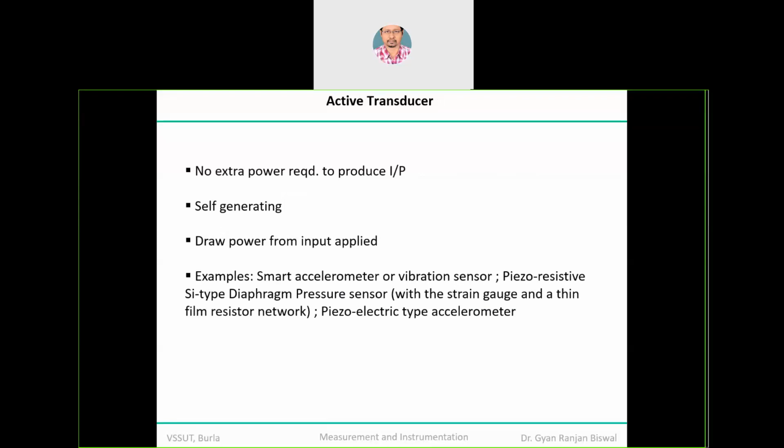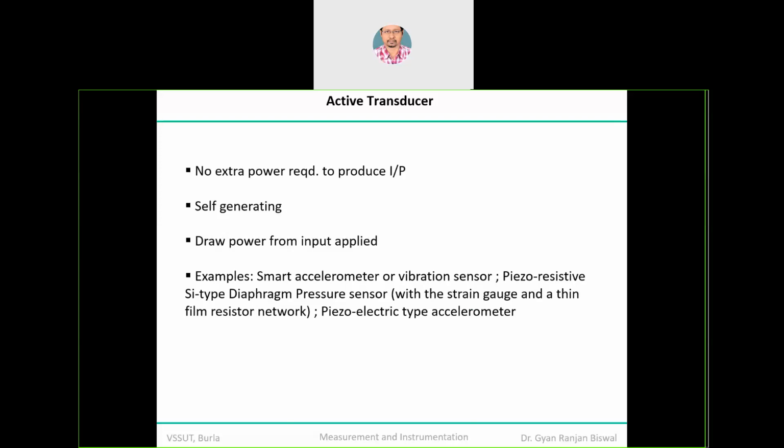Smart accelerometers, vibration sensors with piezoresistive principles, pressure sensors with piezoelectric principles: any transducer designed using these kinds of phenomena. The diaphragm type pressure sensors, silicon diaphragm type pressure sensors, that means made of silicon.